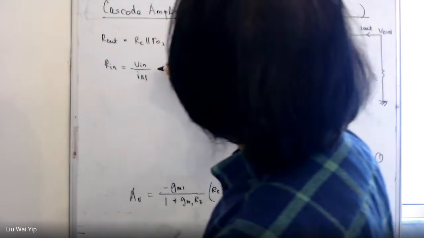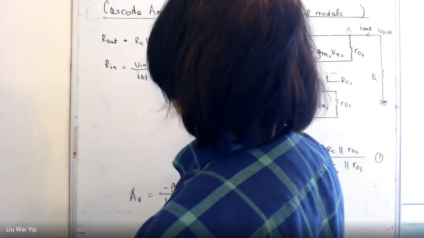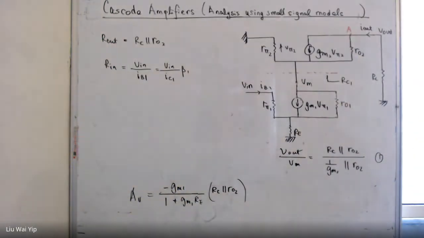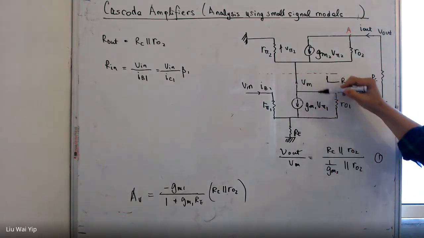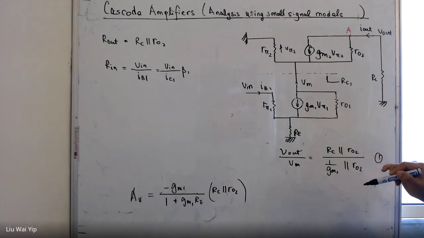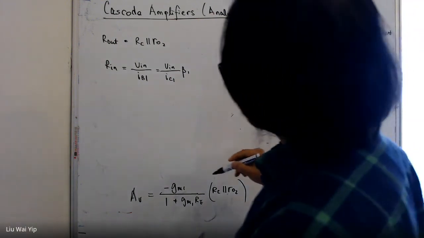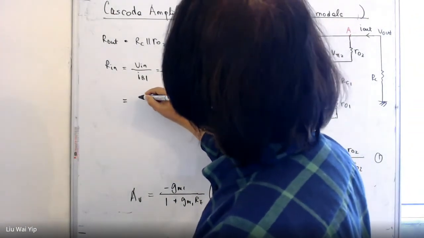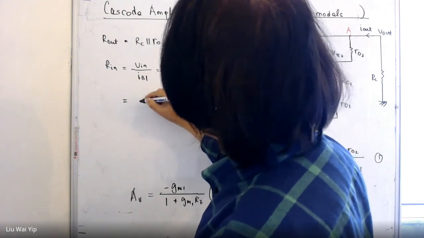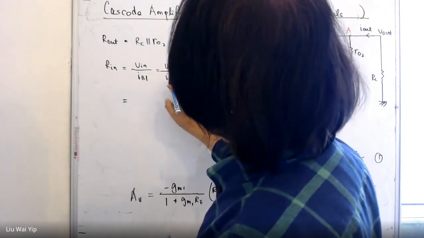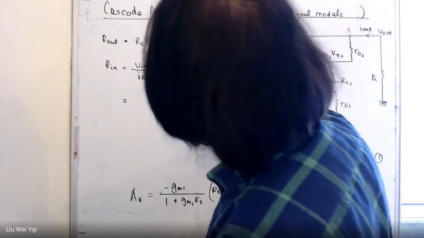And this guy here is going to be Vin over IC1 times beta. You can use it in a better way.